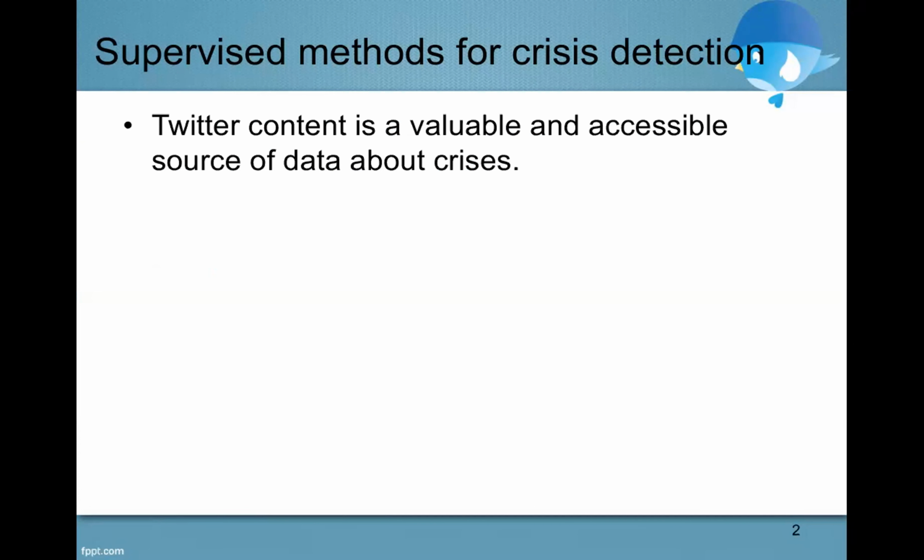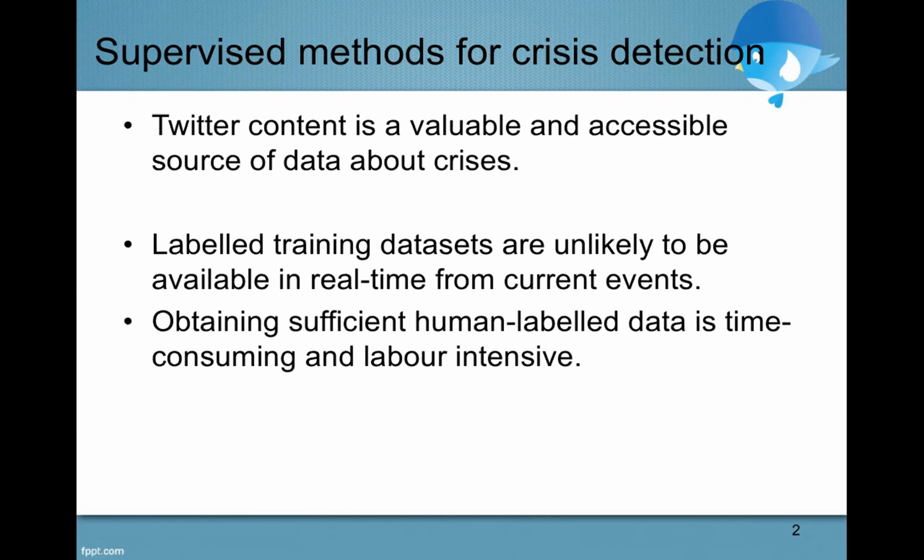First of all, previous work showed that Twitter content is a valuable and accessible source of data about crisis events. So language models can be used to classify such tweets to find and extract crisis events and classify them into different information types.